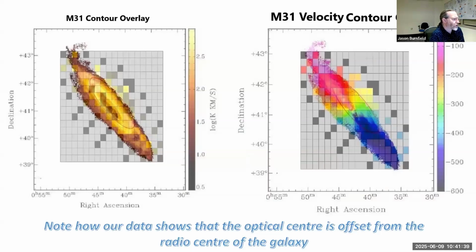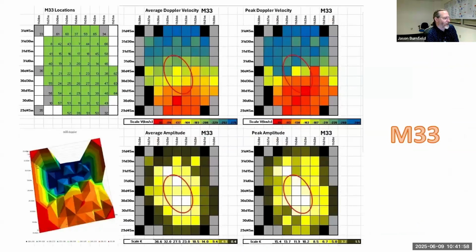They had a contour plot of total power, or of intensity, and then a contour plot of Doppler. And I overlaid that on our results, and you can see the match is remarkable. It's really cool. Here's M33, and again you can see how far it extends beyond the visible disk there.